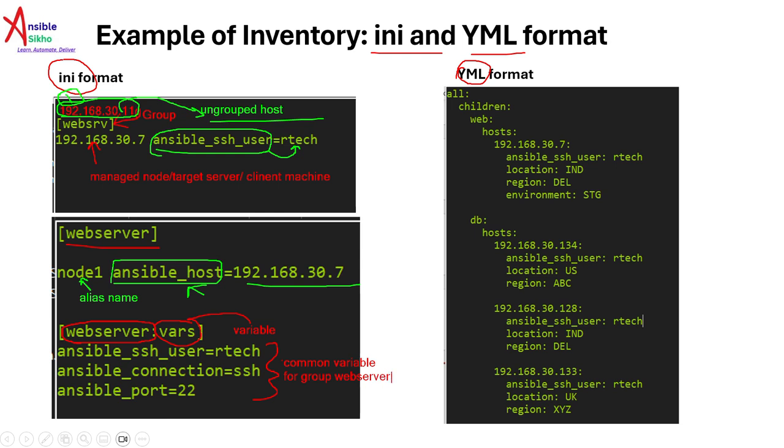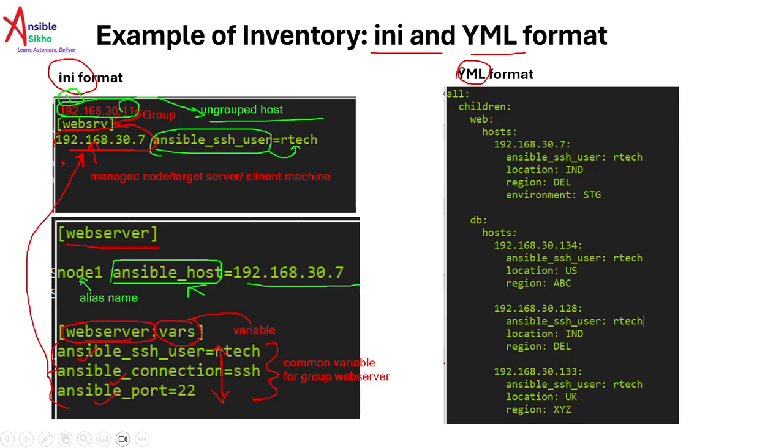So now understand here: Ansible SSH user, Ansible connection, and Ansible port. These three variables are common for this web server. Why this web server? For this particular host. All these three variables are related to this particular host.